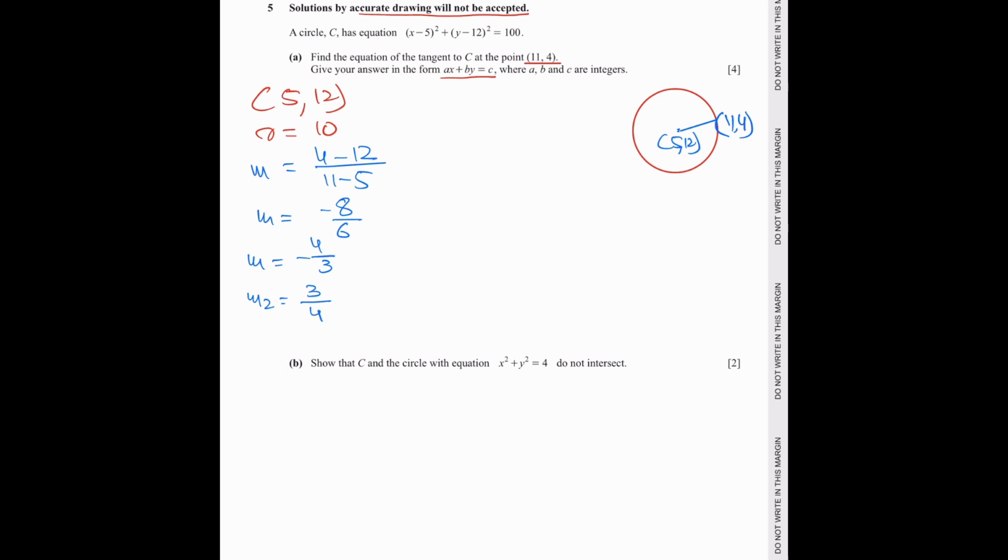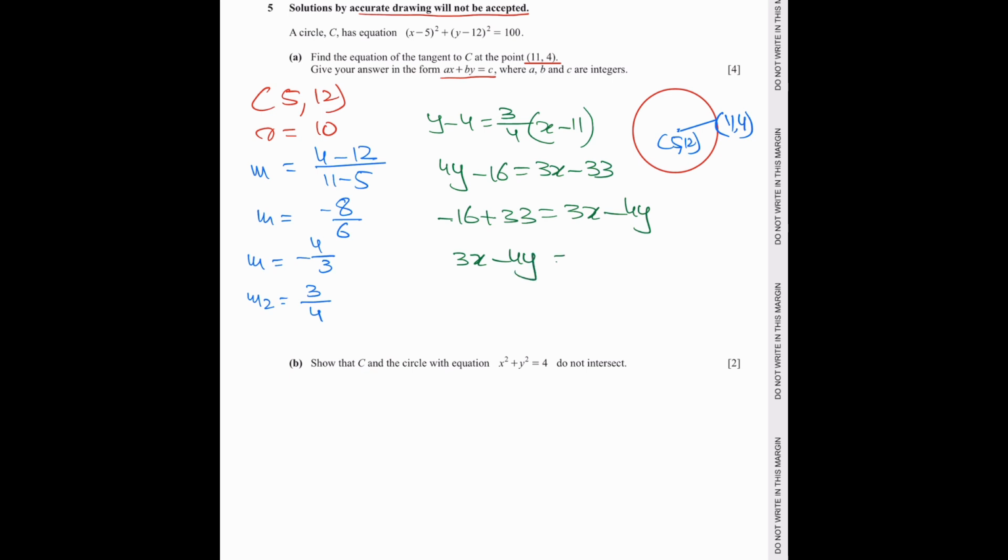Now the equation of the tangent line is y minus y1 equal to m times x minus x1. So 4y minus 16 equal to 3x minus 33. So now, minus 16 plus 33 equal to 3x minus 4y, and this is 3x minus 4y is equal to 17.